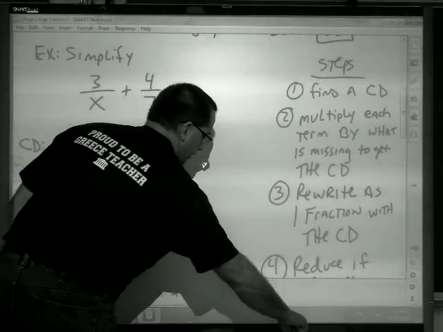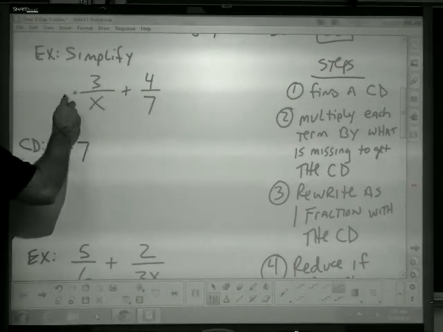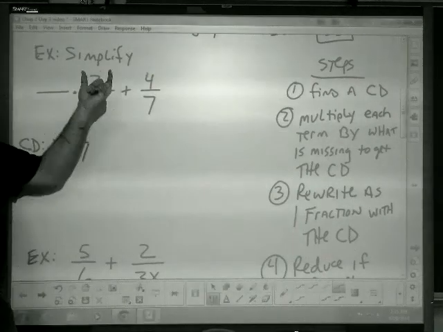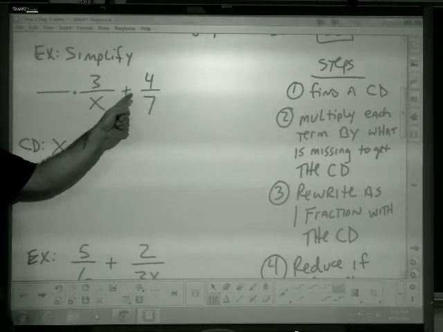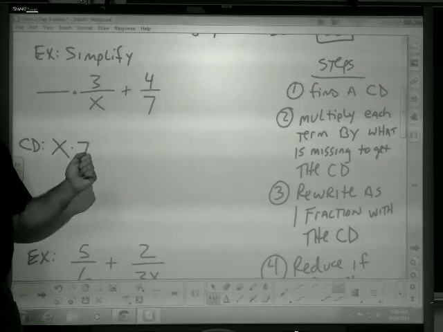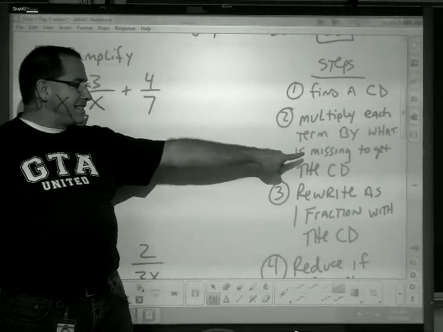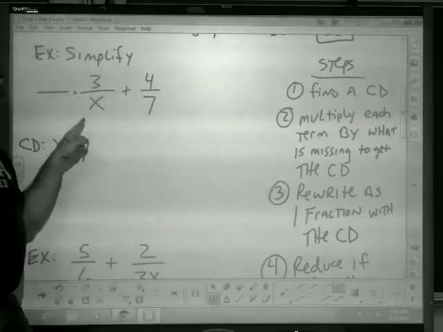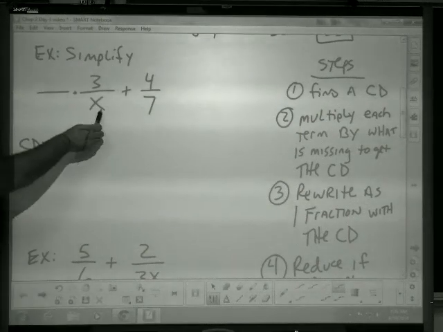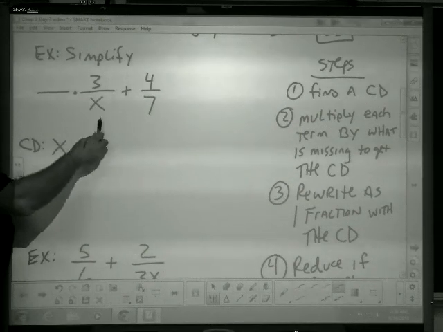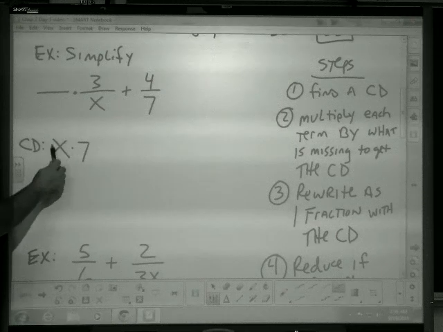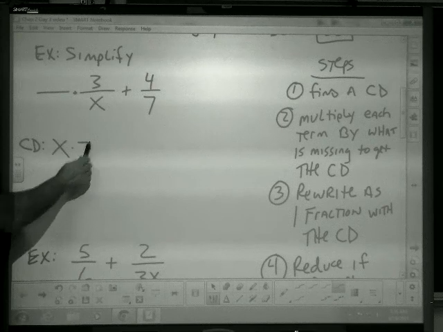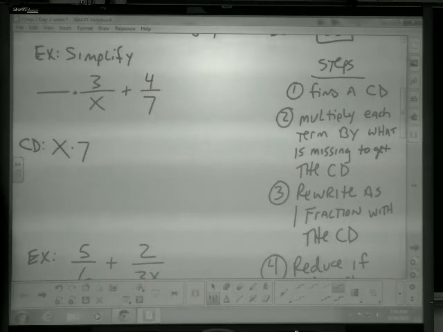All right, so now, step 2, multiply each term. So this is a term that is separated by a plus sign, and this is another term, okay, by what is missing to get the common denominator in this denominator. So I look at the x times 7, and I say, okay, what does this have that this does not have? What is missing?